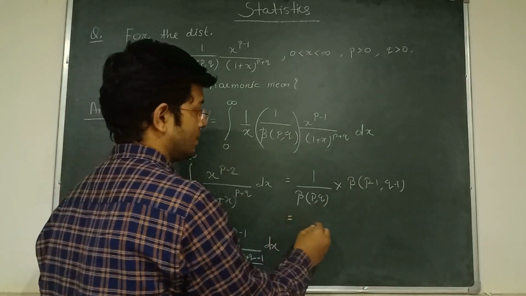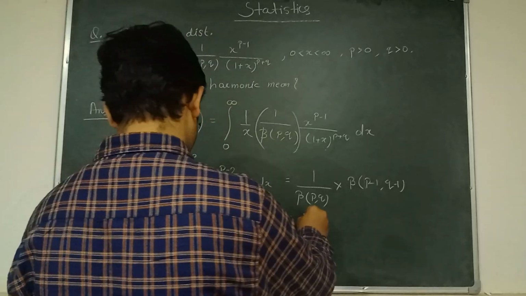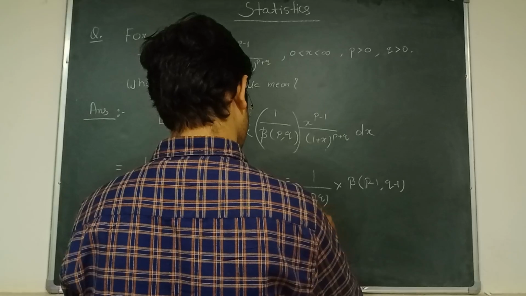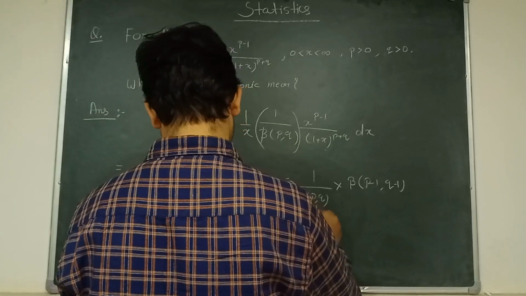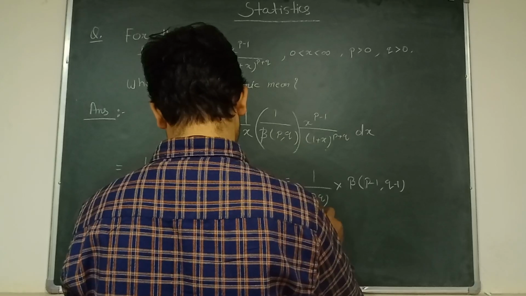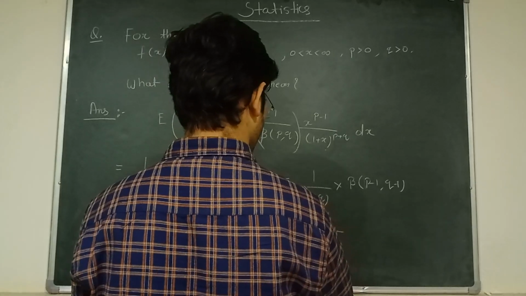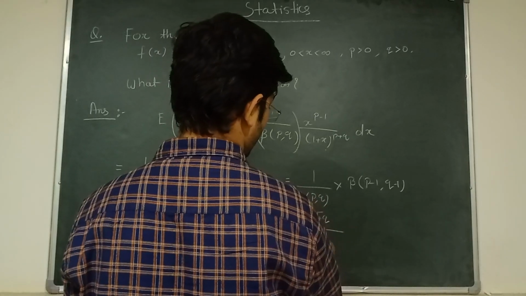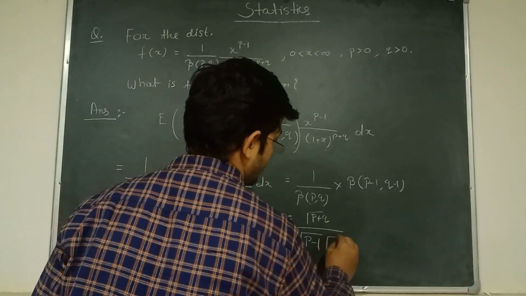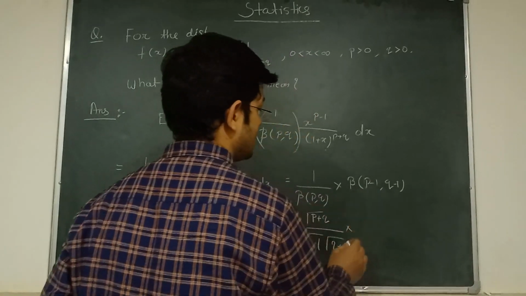Now beta(p,q), we can write it in p plus q, and so in p minus 1 and q plus 1. And how can we write this?